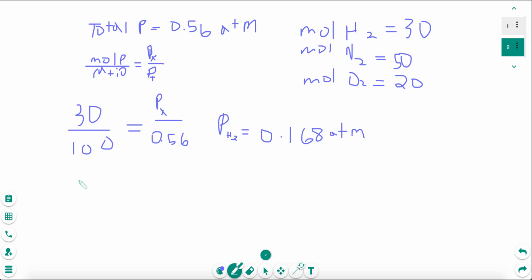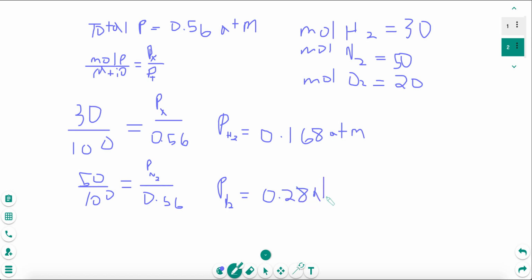Again, we can do this for nitrogen now. So 50 over 100, which just simplifies to 1/2, is equal to the partial pressure of nitrogen over the total pressure 0.56. So the partial pressure of nitrogen is equal to 0.56 times 0.5, which is equal to 0.28 atm again.